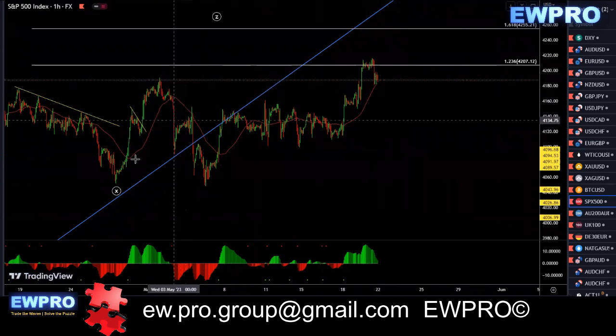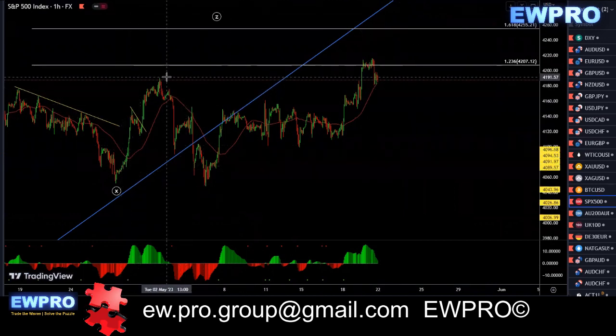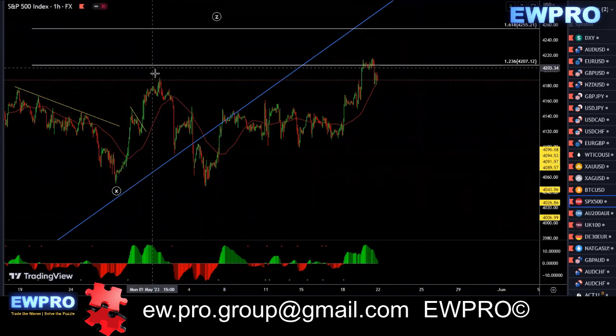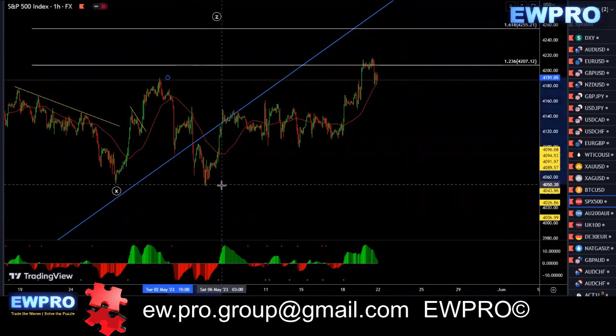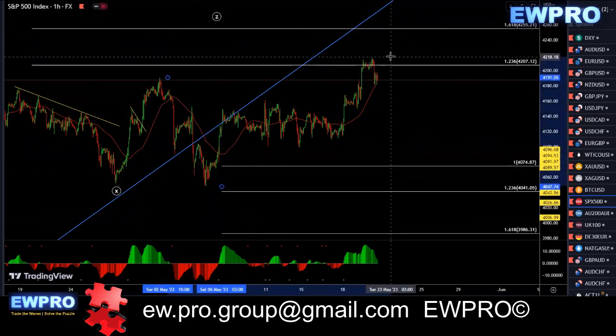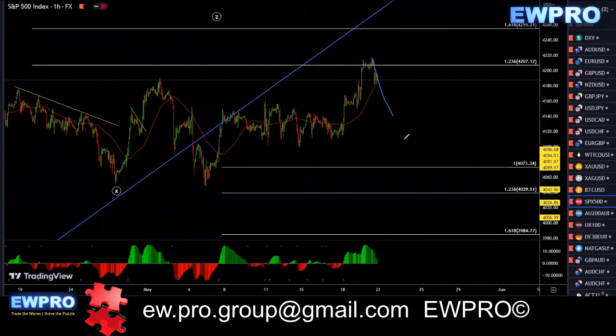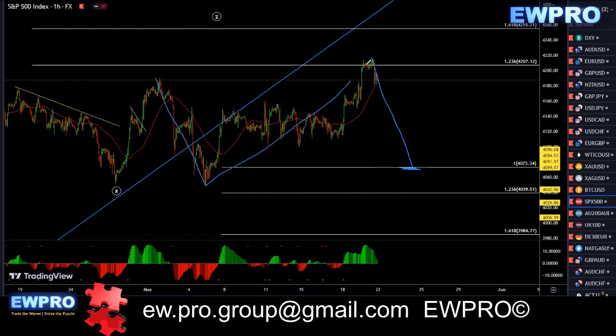If I just draw that target. So if you're looking for a sell, you'd be looking for this 100 fib here for the A, B, C. You'd be looking for this 100 fib.